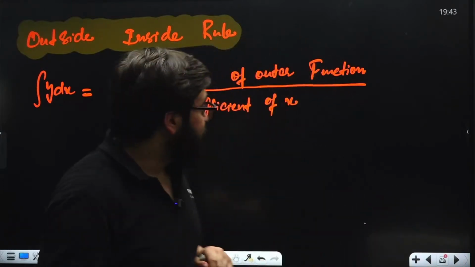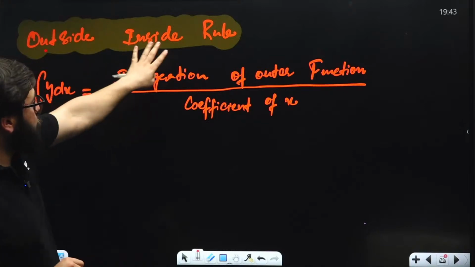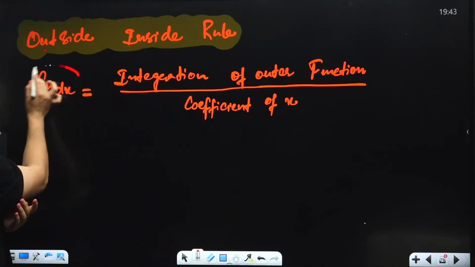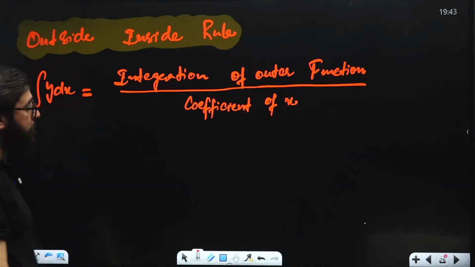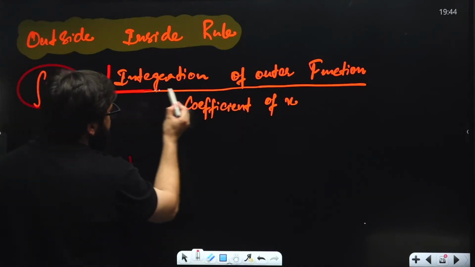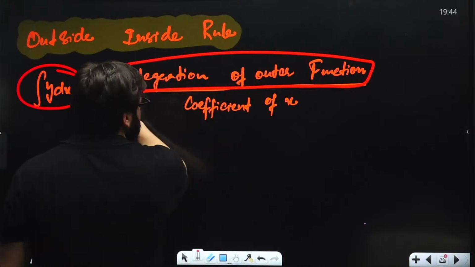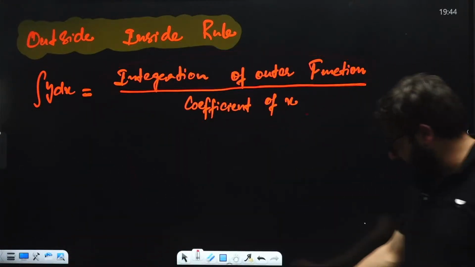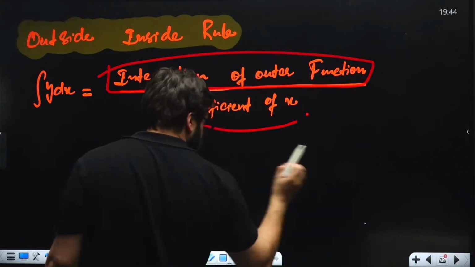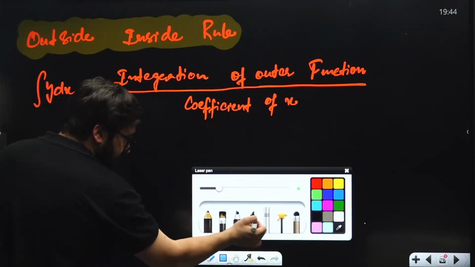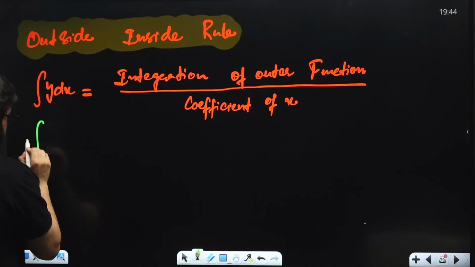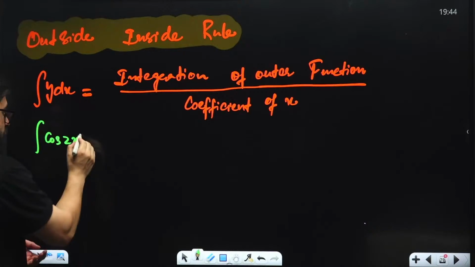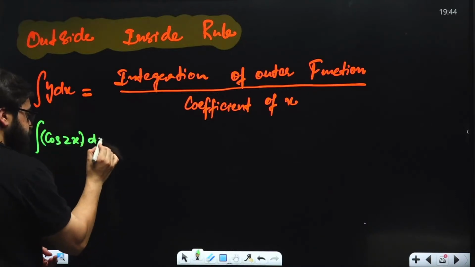But when it comes to the chain rule of integration, if I say integration of y dx, it is simply integration of the outer function divided by the coefficient of x. If you are given a question something like this, integration of cos of 2x dx.